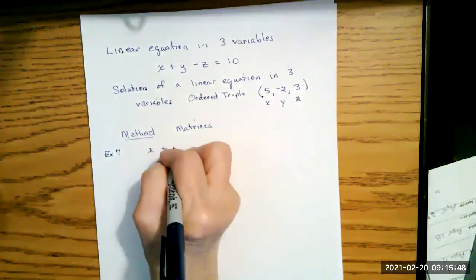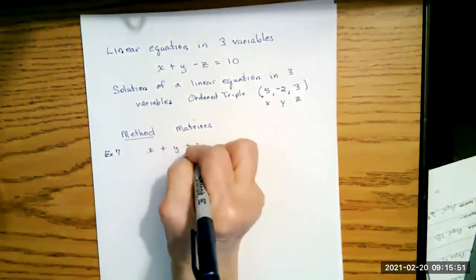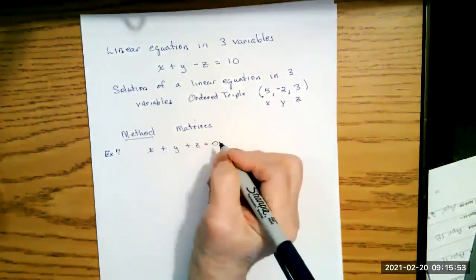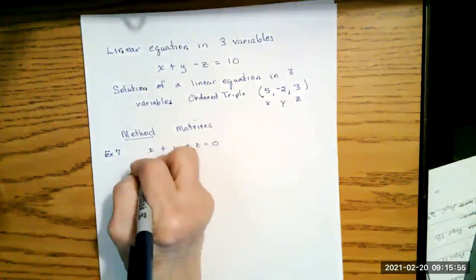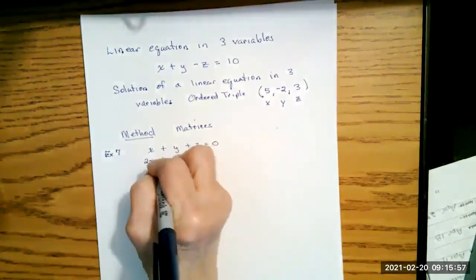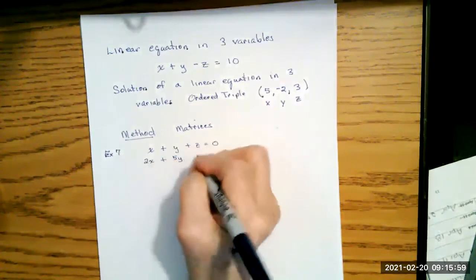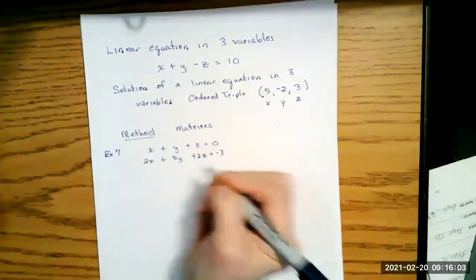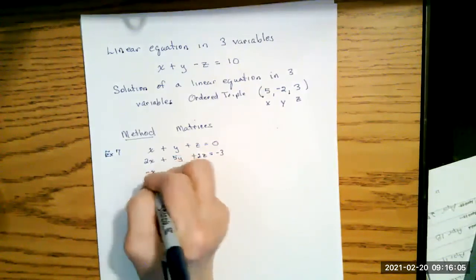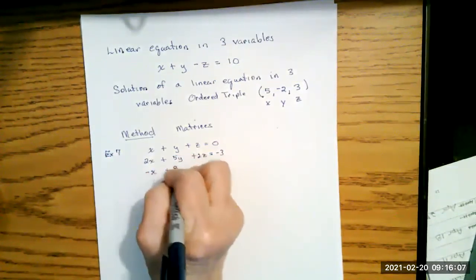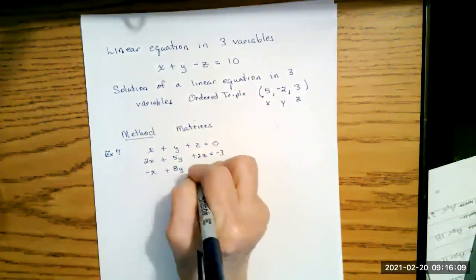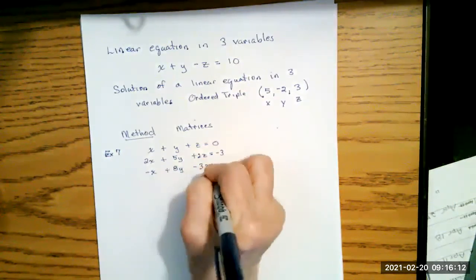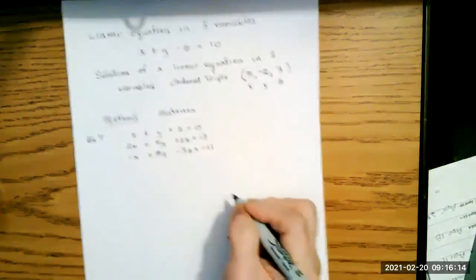It says x plus y plus z equals 0, and 2x plus 5y plus 2z equals -3, and -x plus 8y minus 3z equals -11.